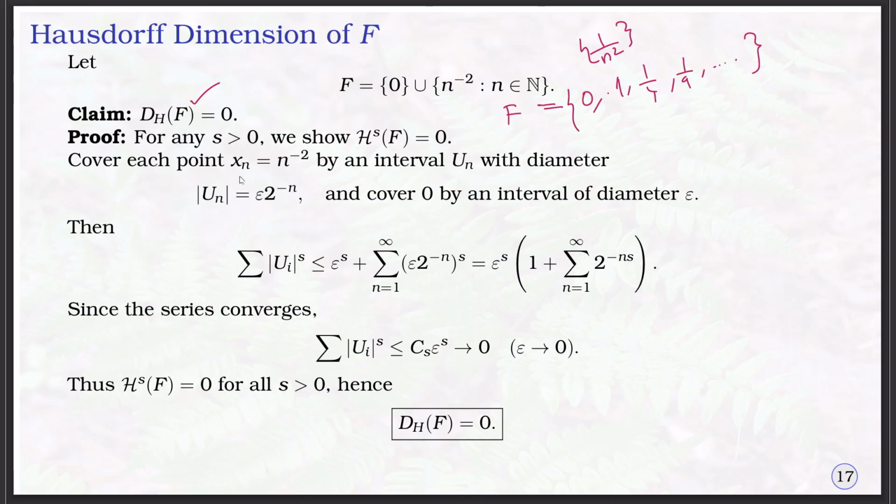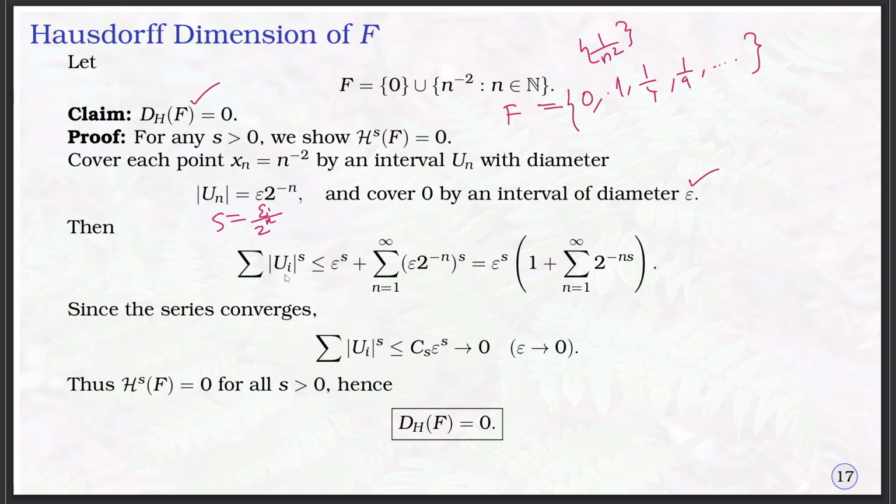Covering each point x_n = 1 over n square by an interval U_n with the diameter epsilon by 2 power n. So fix delta as epsilon by 2 power n, and cover the element 0 by an interval of diameter epsilon.